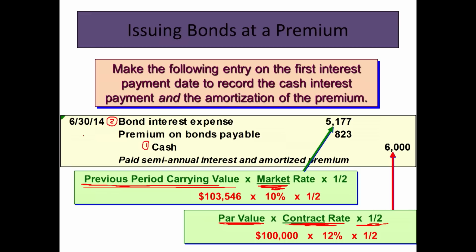And it doesn't. So you have your accounting plug here. This time, instead of crediting a discount, you're going to be debiting a premium. And this should make sense because premium on bonds payable is a credit balance account. Thus, by debiting it, we're amortizing or decreasing it gradually. Does that make sense? Okay.